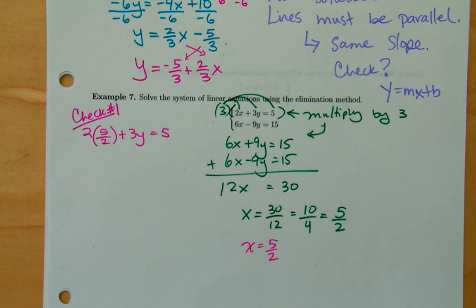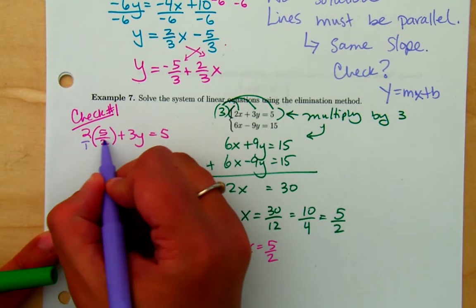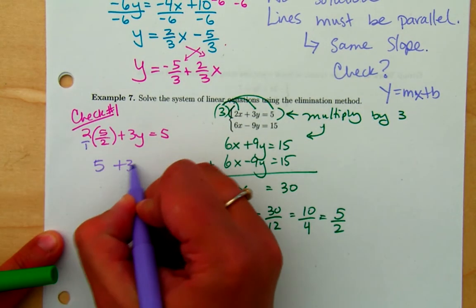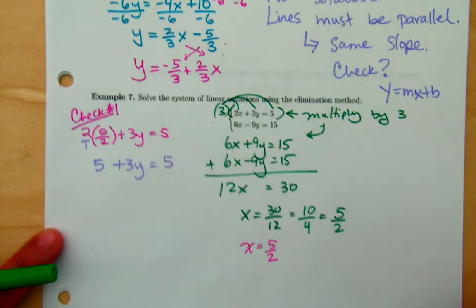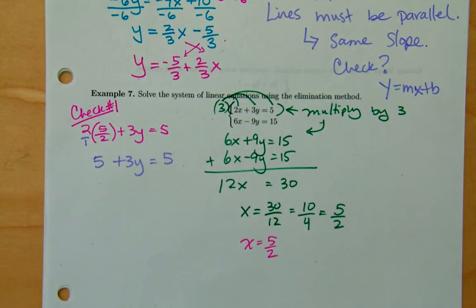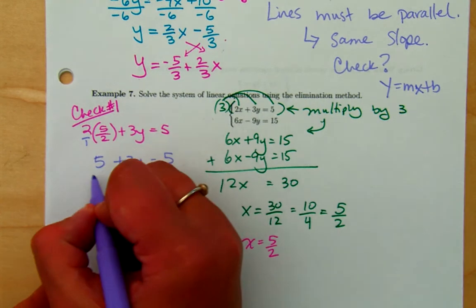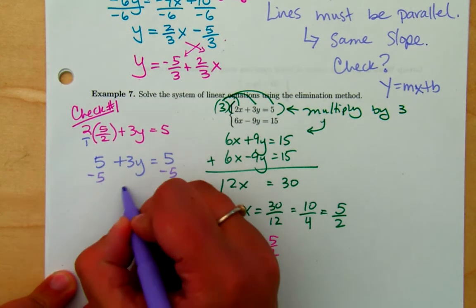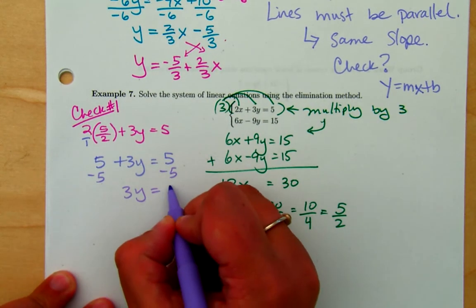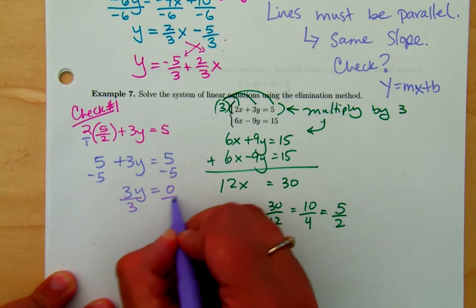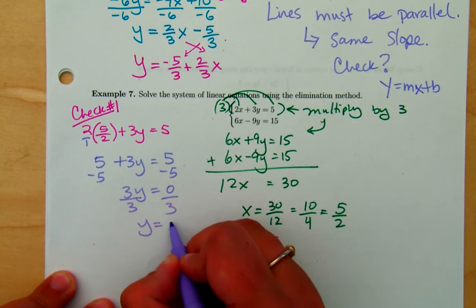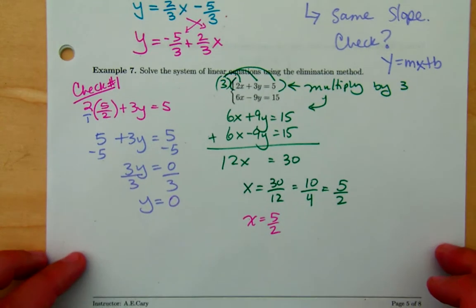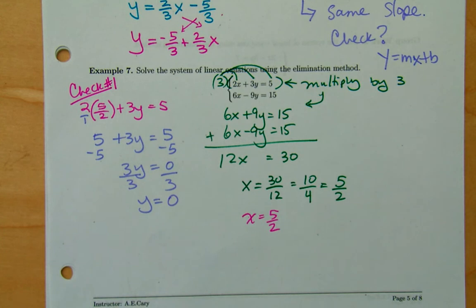What do you get there? 5 halves times 2 is 5. Plus 3y equals 5. What do you do now? Subtract 5. 3y equals, oh, this is like the problem we did earlier. Y equals 0.